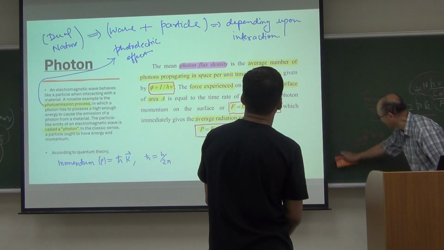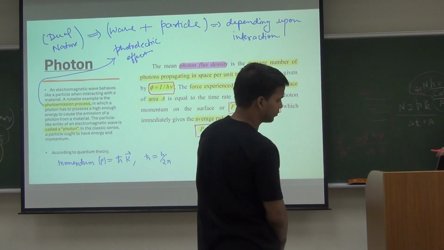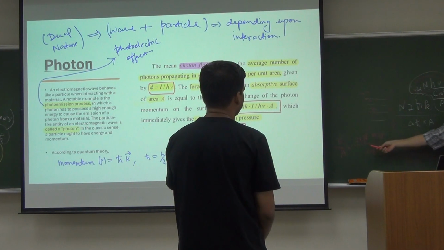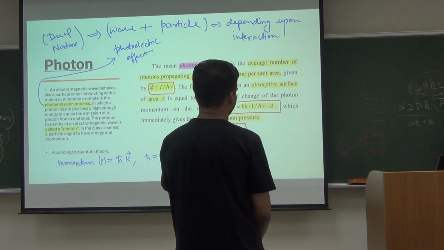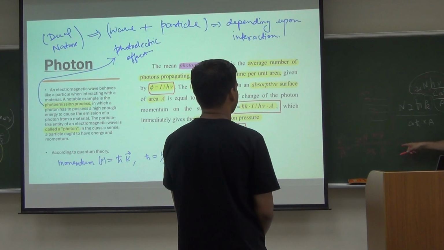Let me do this. Force over area. I'm making an analogy. If this is just physical particles, then you do the pressure calculation based on this, right? And you can also convert this into power.